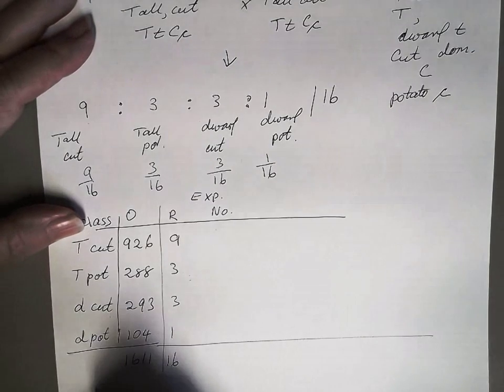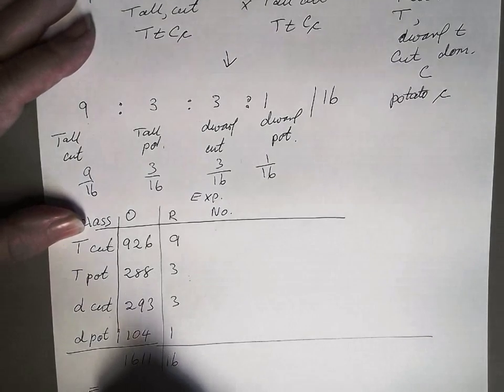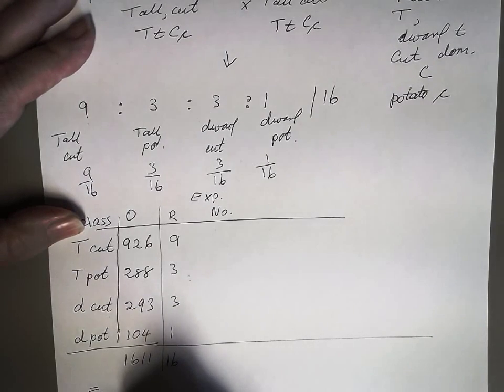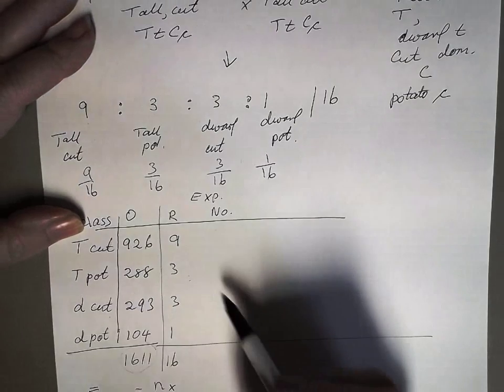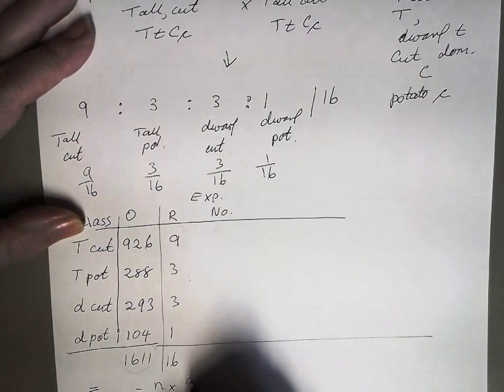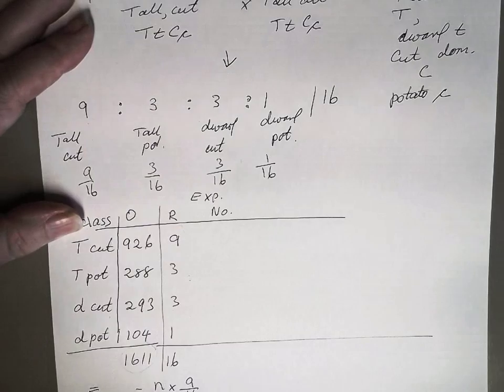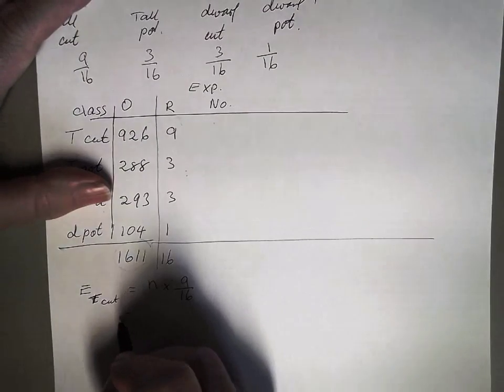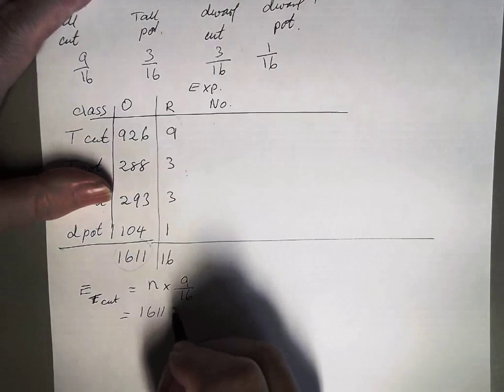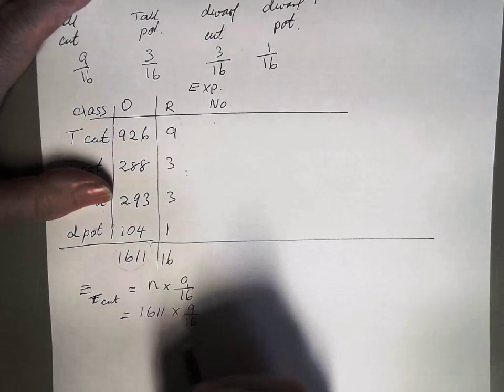So how do I work out my expected number for big T, and cut? Well, I take the total number n and multiply it by the proportion. I expect 9/16 of that. So I've got 1611 times 9 divided by 16.